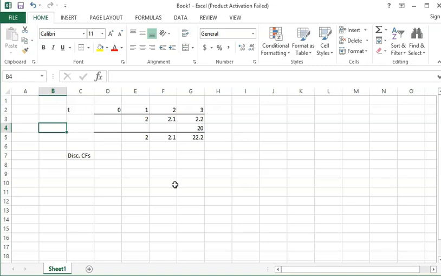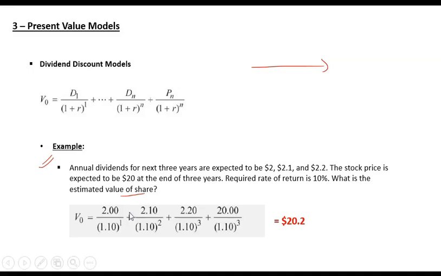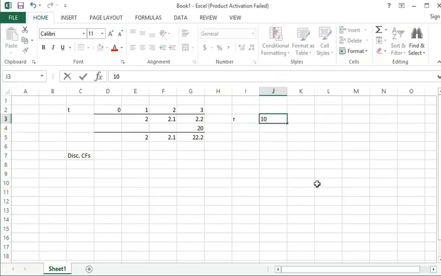For calculating discounted cash flow you need two key variables. One is the required return, and what required return will we be using here? These are dividends, so we will be using the required rate of return on equity, which is 10%. So I will use 10%. Second, you should know the number of periods.